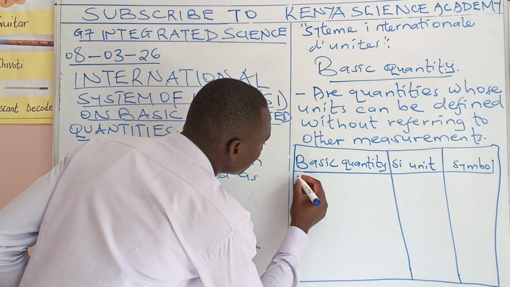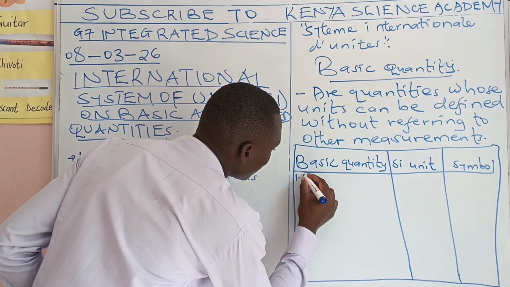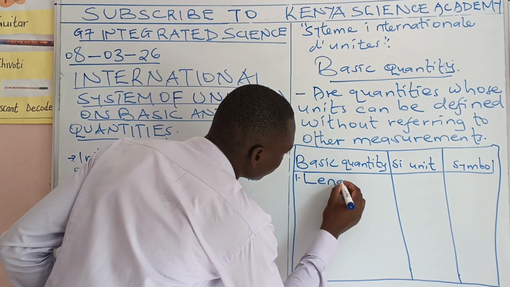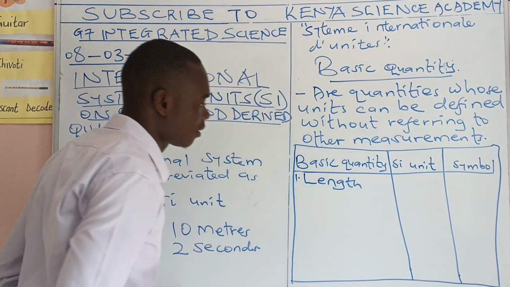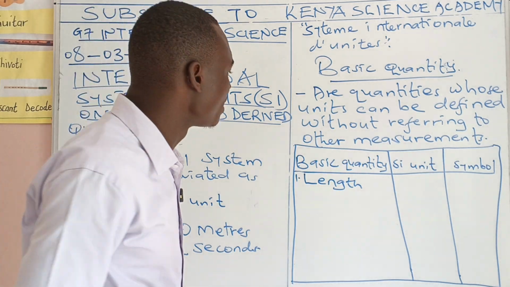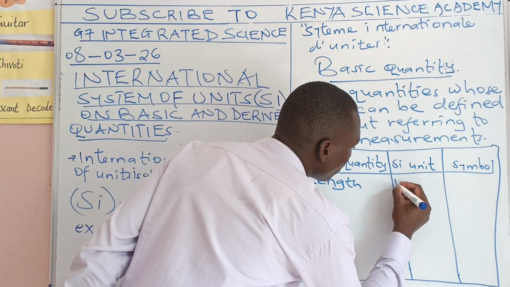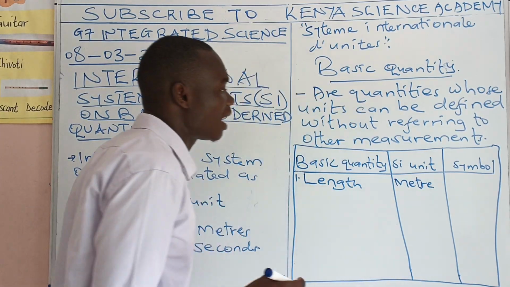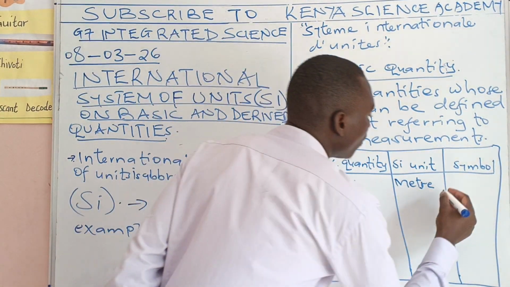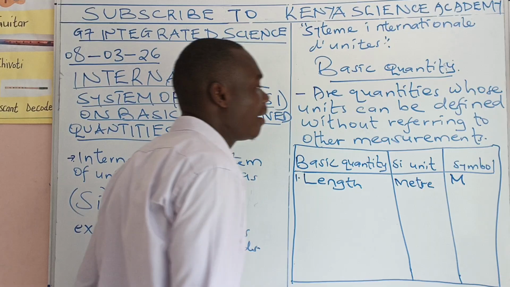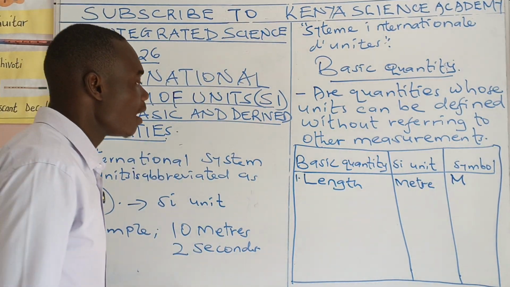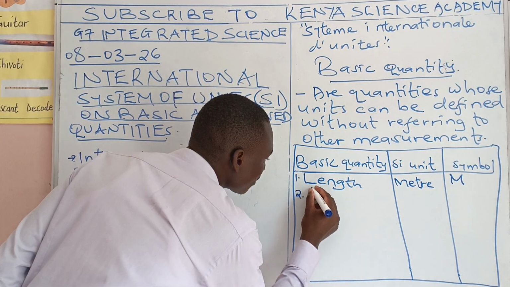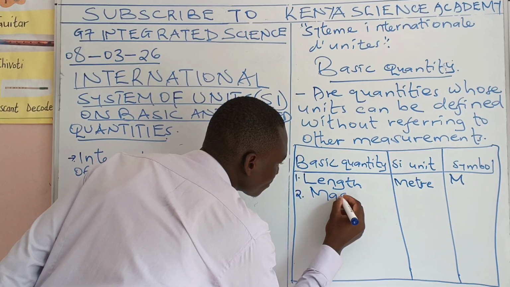Number one basic quantity is length. Length is very basic. The SI unit of length is meter. Abbreviated, the symbol is m. Number two is mass.